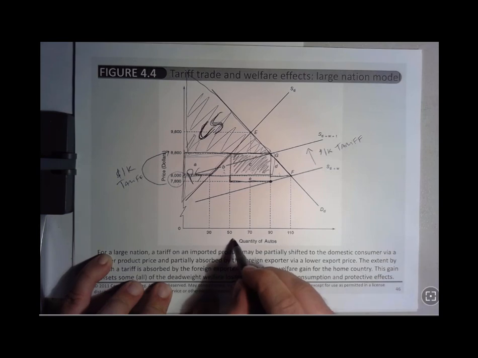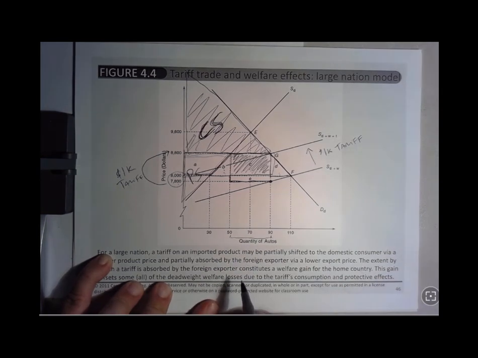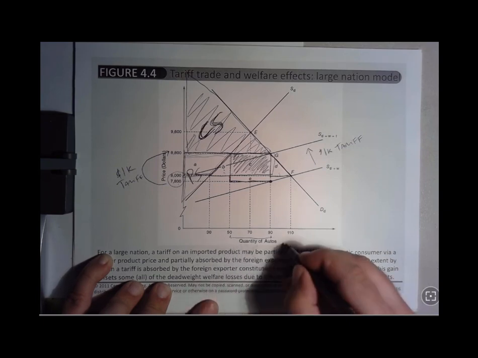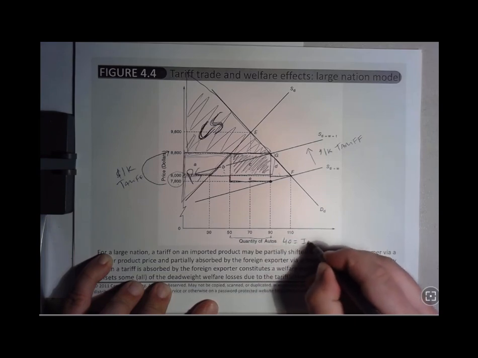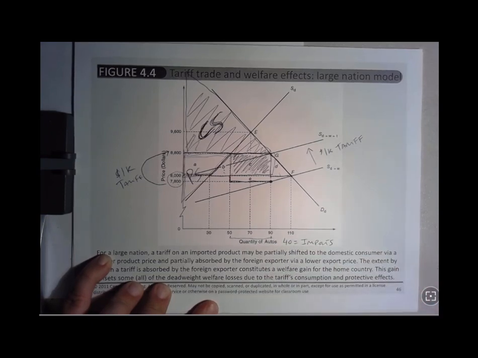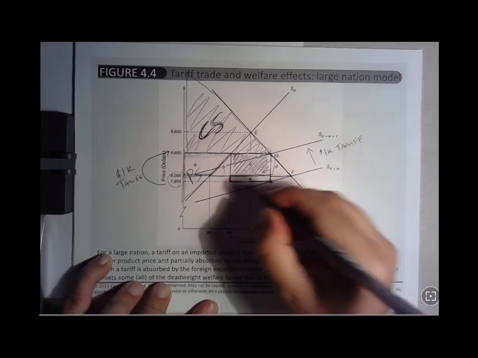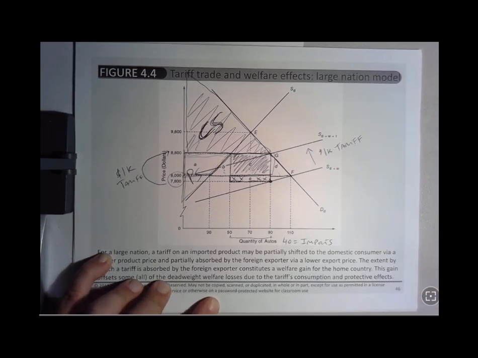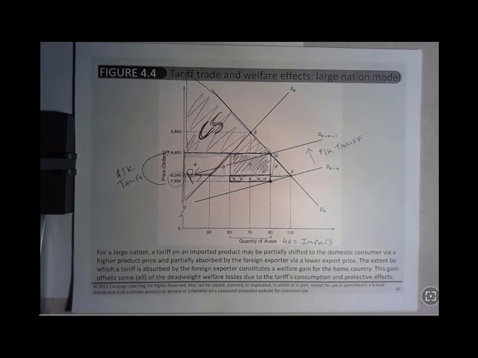The run is equal to the amount of imports: 90 consumed domestically, 50 produced domestically, so we have 40 units as imports. So this rectangle is the terms of trade effect.